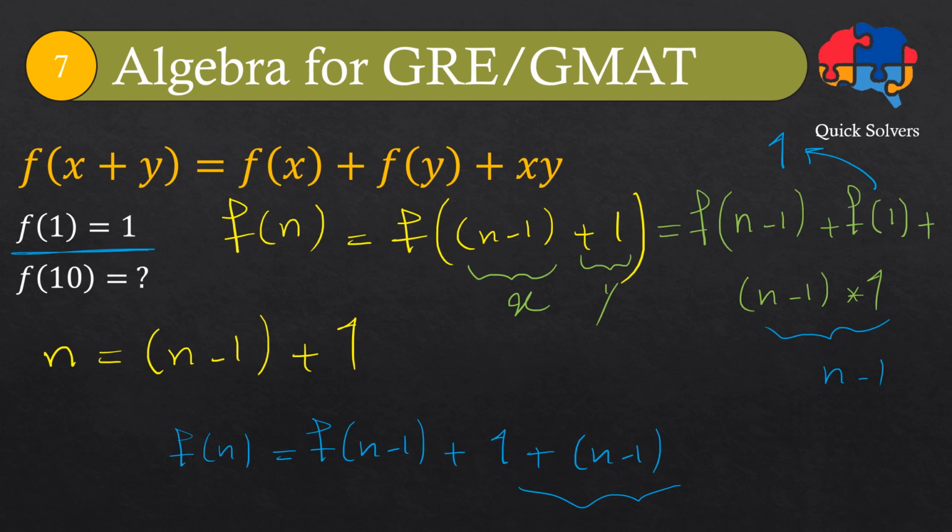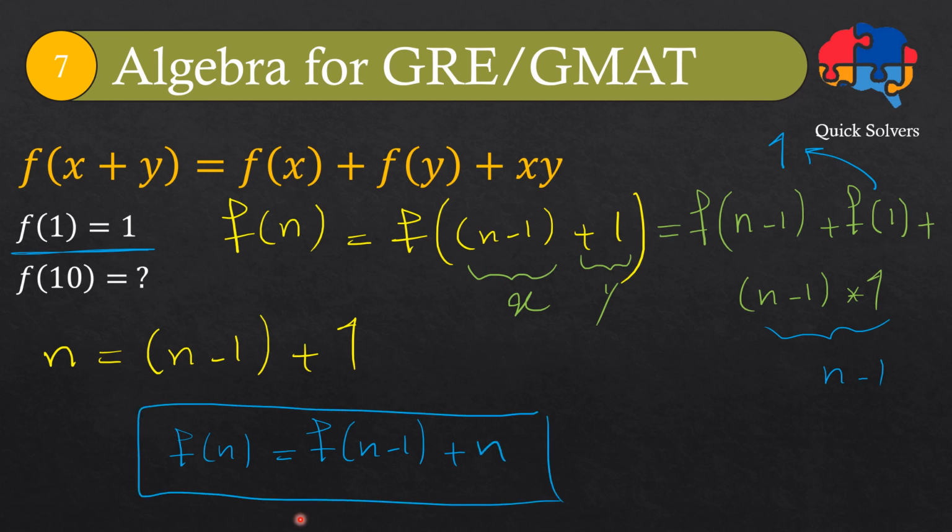And this sum is n. So let me remove this and directly write it as n. And this is very important. I got this from this definition. But since I'm looking for f of 10, I don't need to go through this, I can just go through this one.